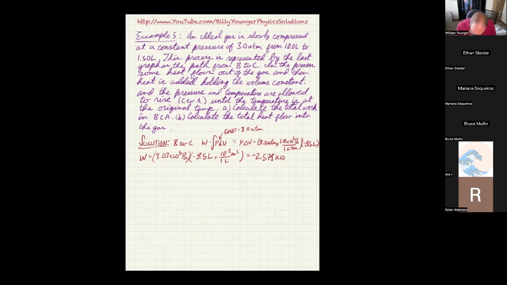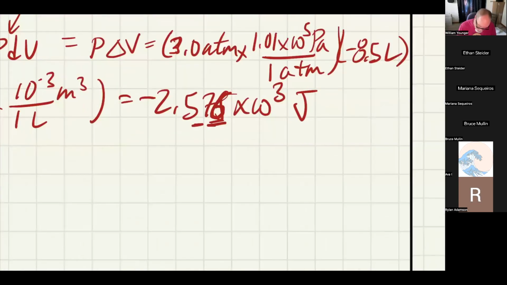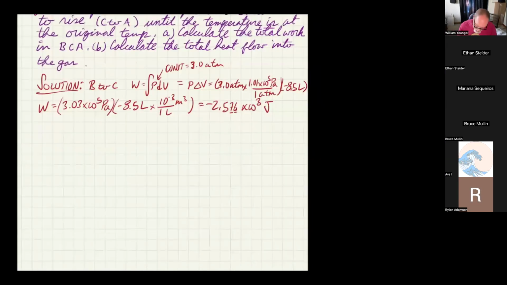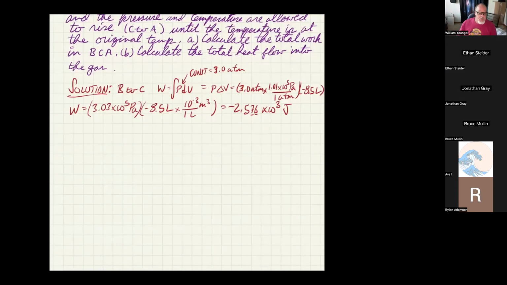That should be 576 technically, times 10 to the 3 joules. And that's 2 extra sig figs, and that looks horrible, so I'm going to make that better. Okay, so that's the work done in that first part.